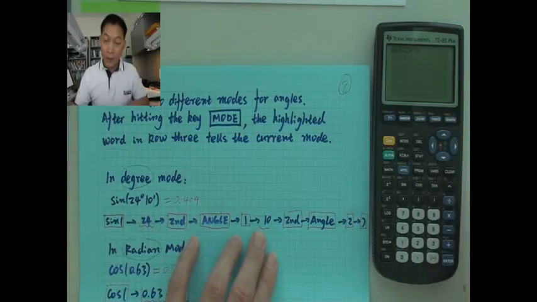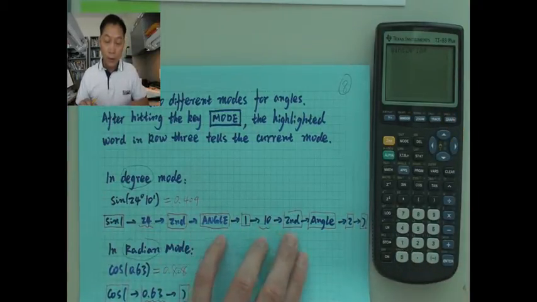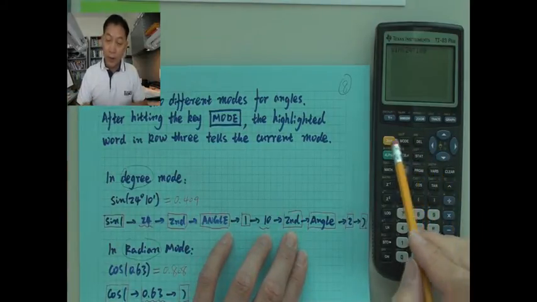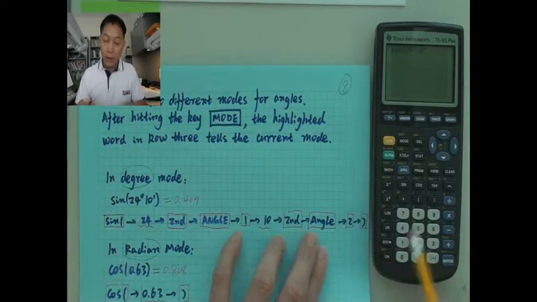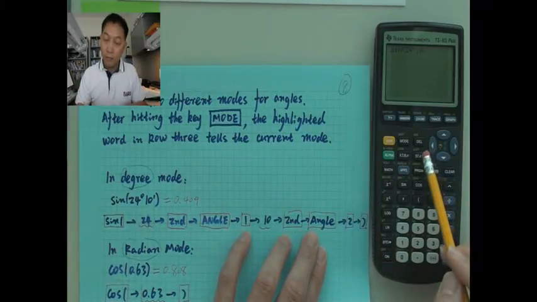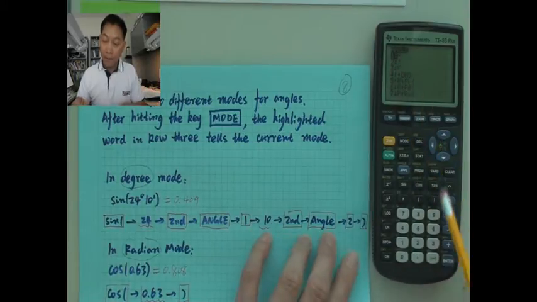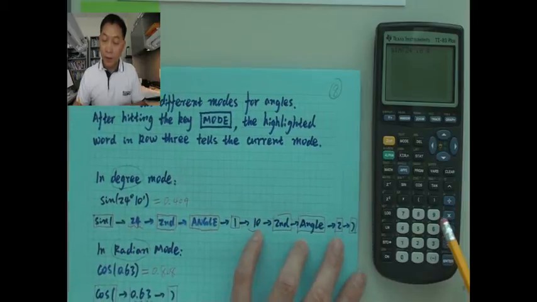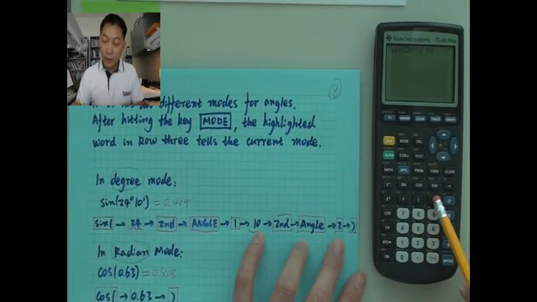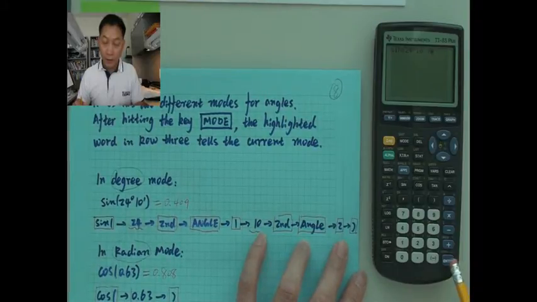And then you want minutes, so you hit second, angle, the second one, 2, and then hit the close parenthesis. Then hit enter.